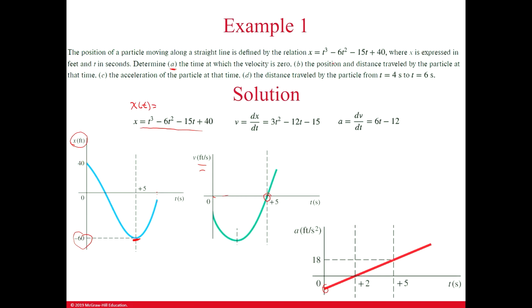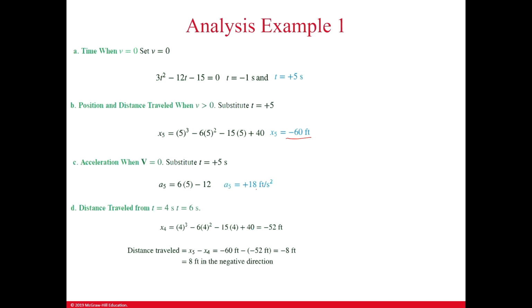So we go here and we're basically gonna replace 6 times 5 minus 12. This is equal to 6 times 5 is 30, minus 12 is 18 feet per second squared. Okay, and that's positive.